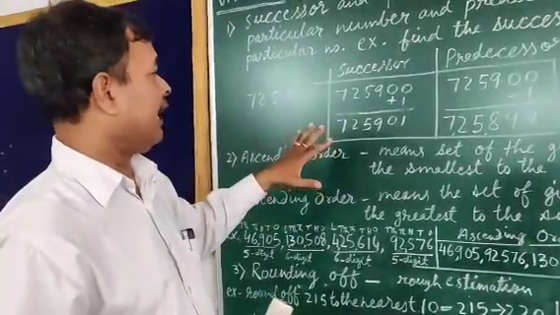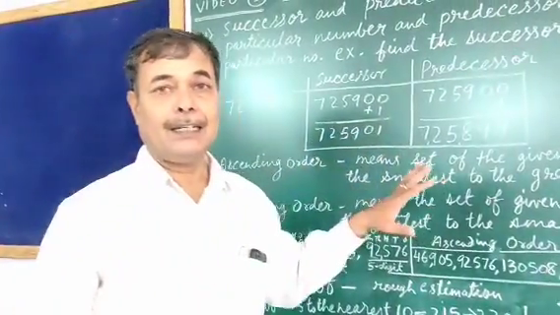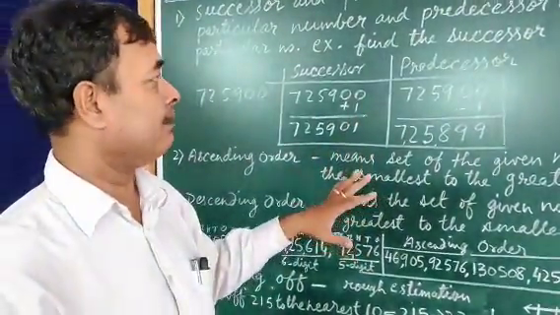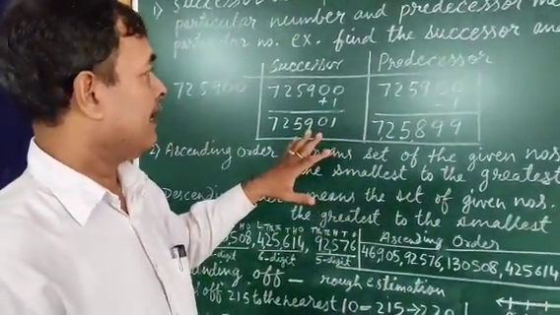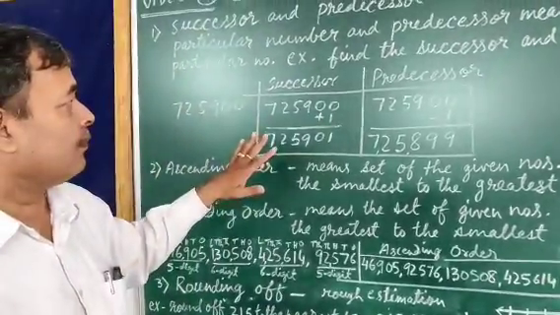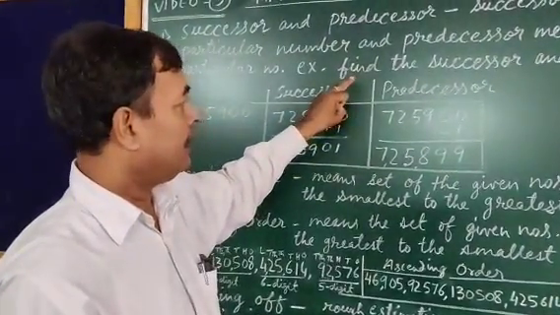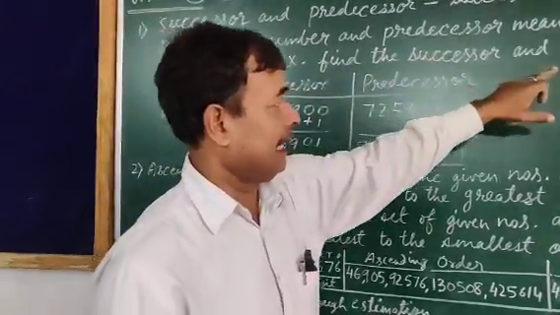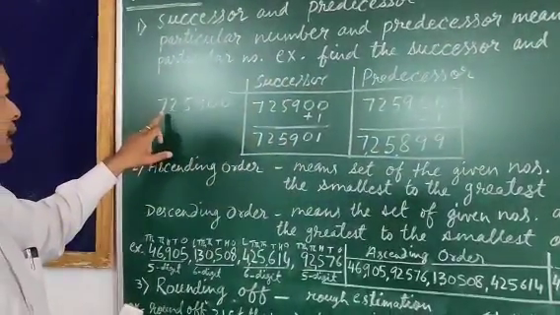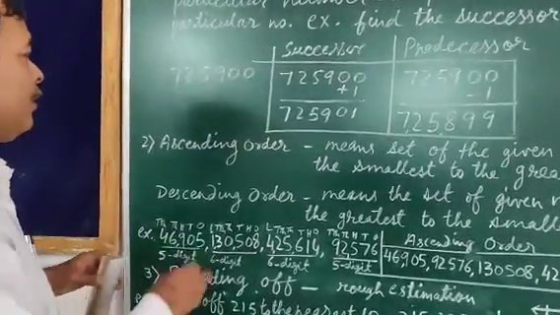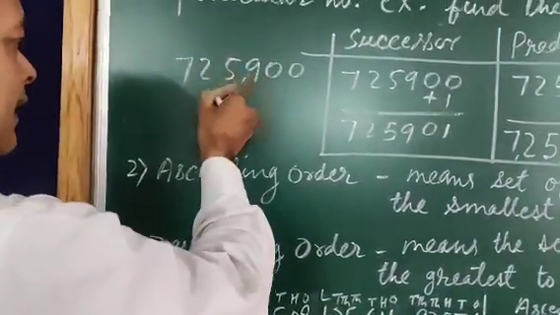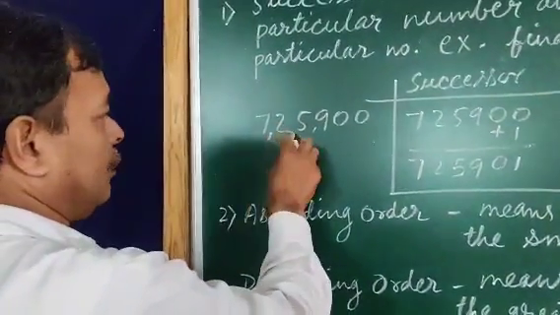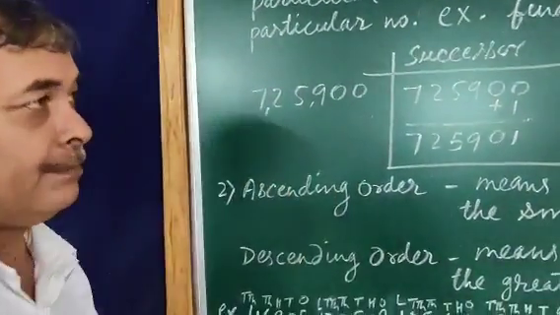To understand how to find predecessor of a particular number or a given number, let us take one example. The example is this: find the successor and the predecessor of 725900. This number will be read as, in Indian system, 7,25,900.